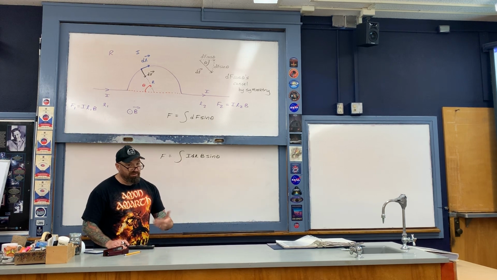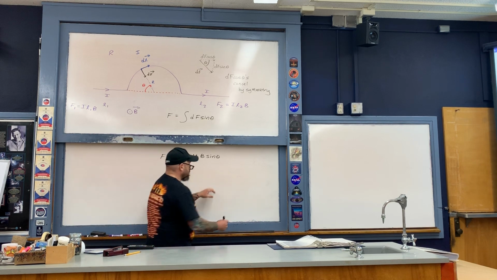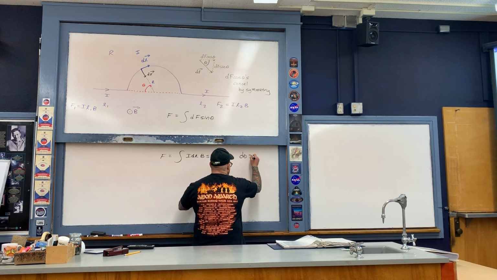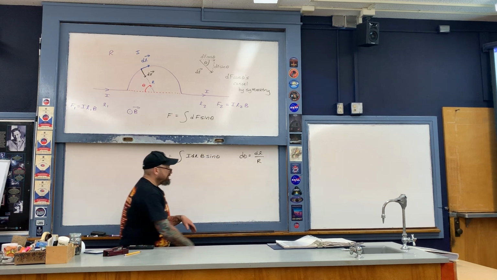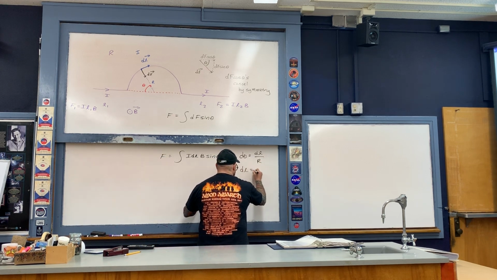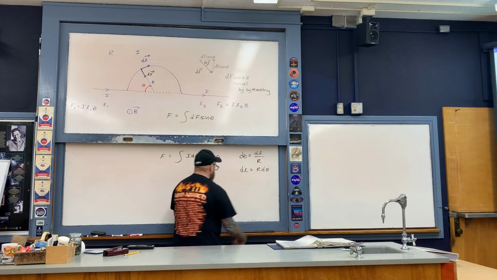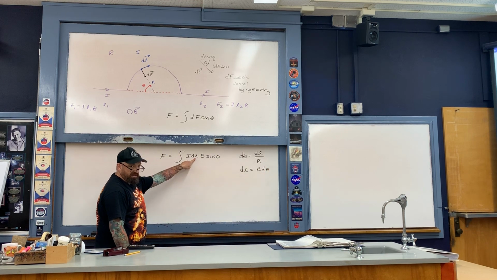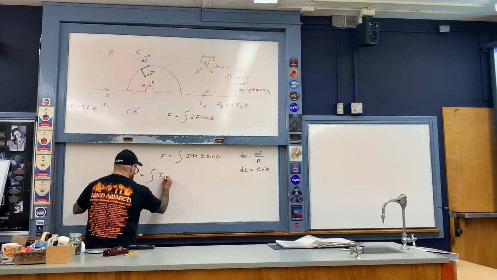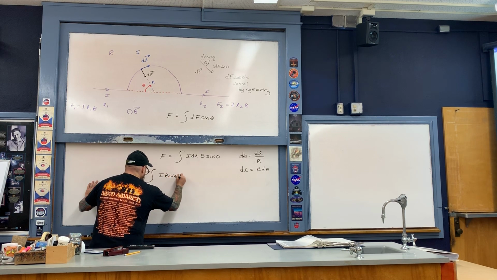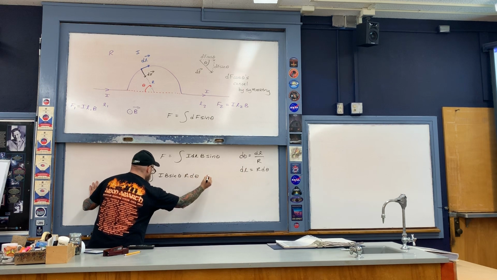Okay, now the dl. The dl is an arc length on a circle. Recall that angle is equal to arc length divided by radius. So then therefore arc length is equal to radius times angle. Let's go ahead and substitute that here. Like so.